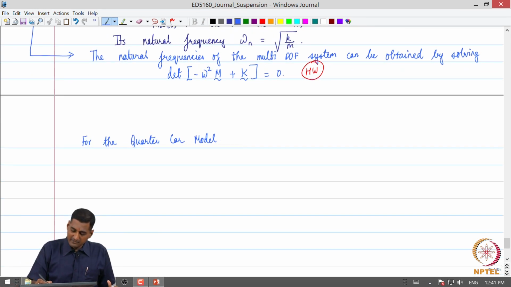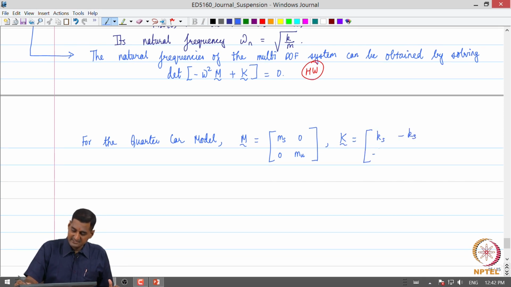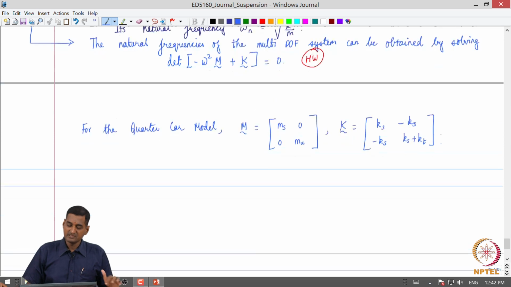So, for the quarter car model, we immediately have the elements of this equation as follows. The mass matrix is this, and the stiffness matrix is a 2 by 2 matrix whose elements are these. We have already identified them when we derived the equations of motion.